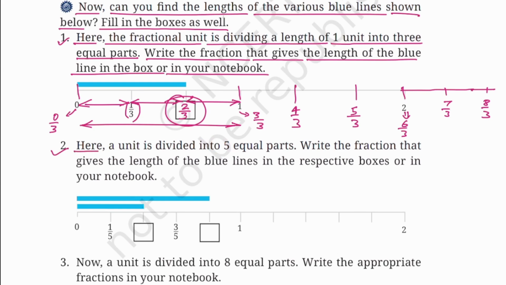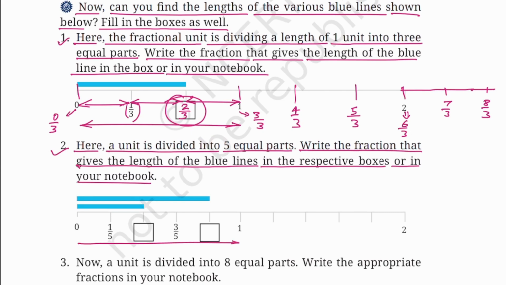2. Here a unit is divided into 5 equal parts. Write the fraction that gives the length of the blue lines in the respective boxes or in your notebook. You can see a unit length has been divided into 1, 2, 3, 4, 5 equal parts, such that one part is 1 upon 5, second one 2 upon 5, that is the length of this blue line.